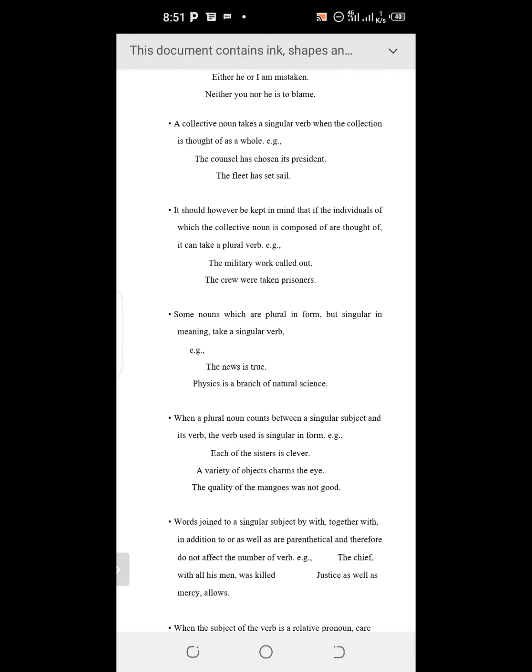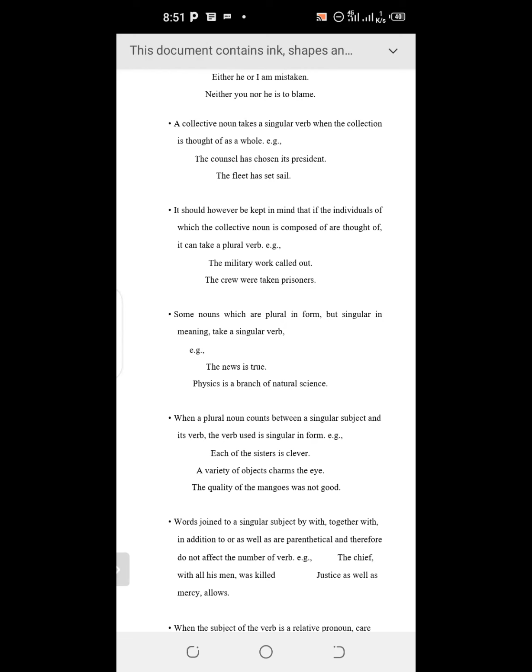For example, market. Market is the collection of shops. For example, staff. Staff is the collection of workers. Cabinet. Cabinet is the collection of ministers. So when a single noun refers to a group of people, a group of places, or a group of things, that is called a collective noun.